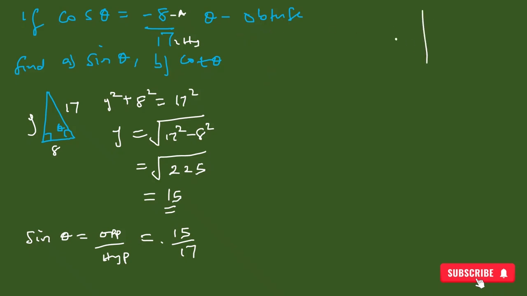If theta is obtuse, then it means our angle was falling in the second quadrant, where we have only sine as positive. You can check even here. Cos is negative, sine is positive. So this answer is positive. So sine is equal to 15 over 17.